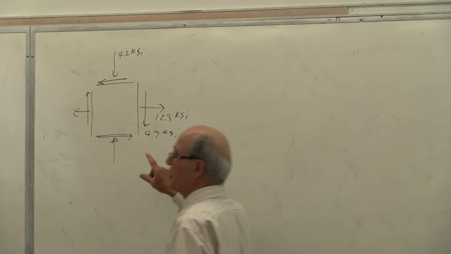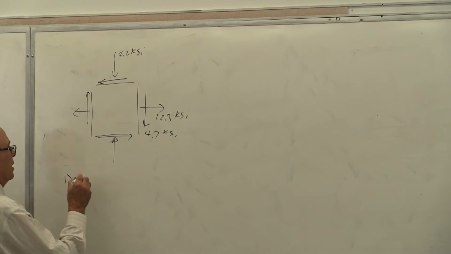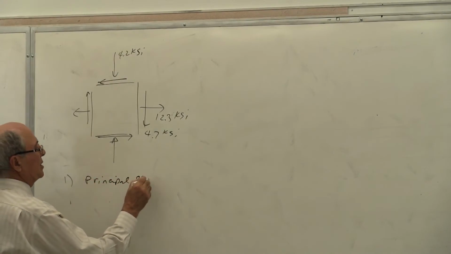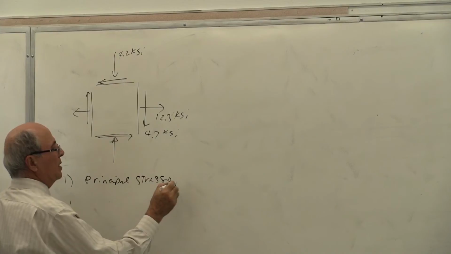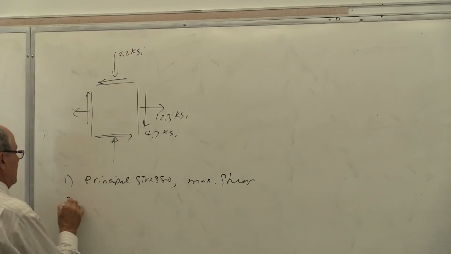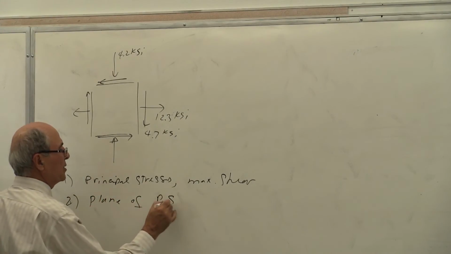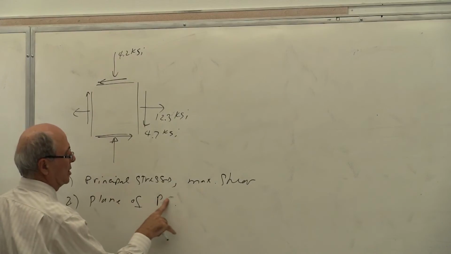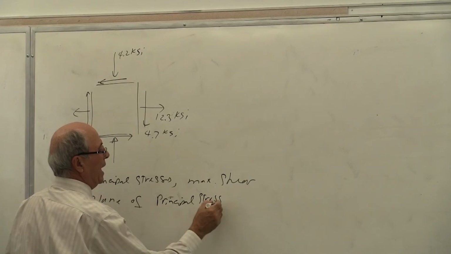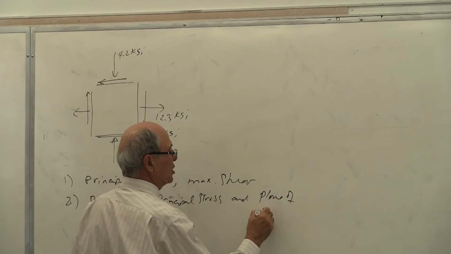If this is the state of stress in part of a structure, you want to calculate the principal stresses, the maximum shear, the plane of principal stress, PS, I call it principal stress, let's just use it, and the plane of maximum shear.